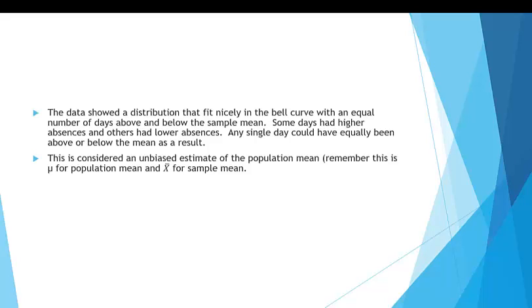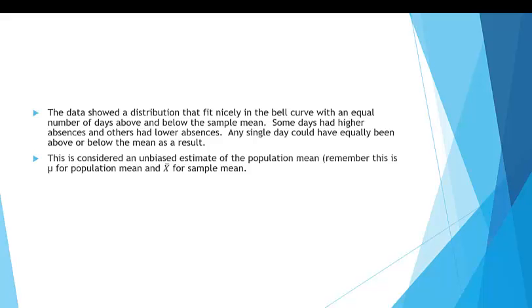So our X bar, our sample mean, is considered to be the same as our population mean, because we followed the rules that we established in the last module. It was a random sample, and we had the appropriate number within our sample to guess at what our population mean is.